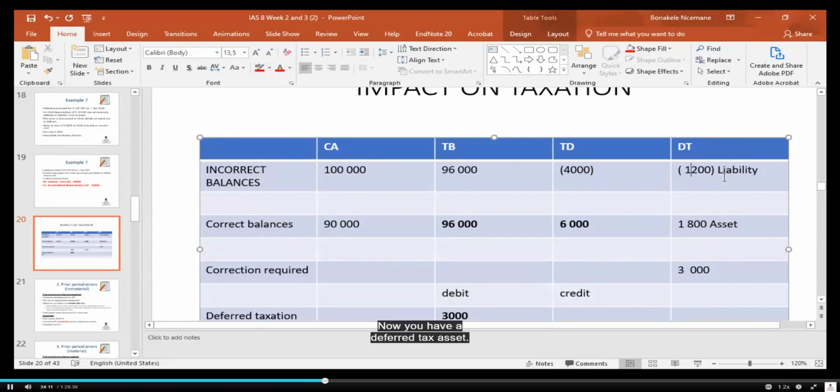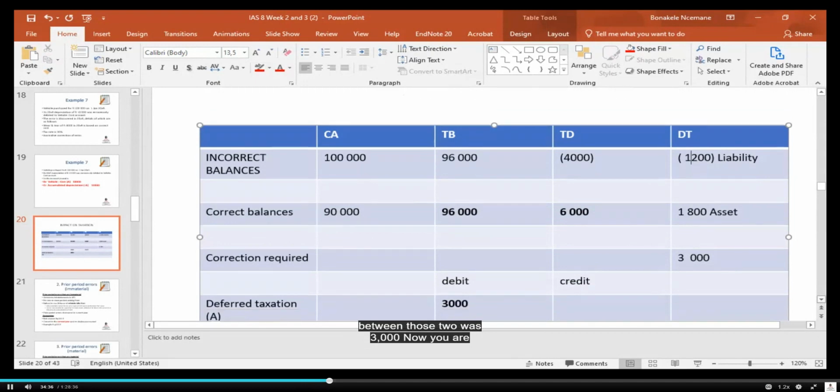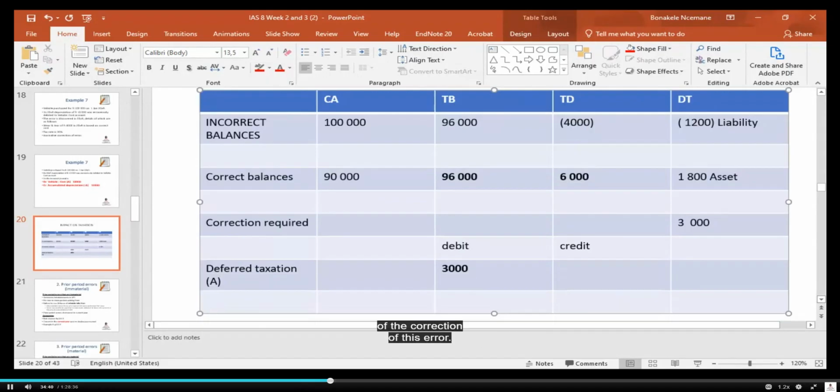Now you have a deferred tax asset, and it emerged because you did a correction of balances, and now you have 90,000 and 96,000, which ultimately made a difference of 6,000, and the deferred tax was 1,800. The difference between those two was 3,000. Now you are recognizing the impact of the correction of this error.